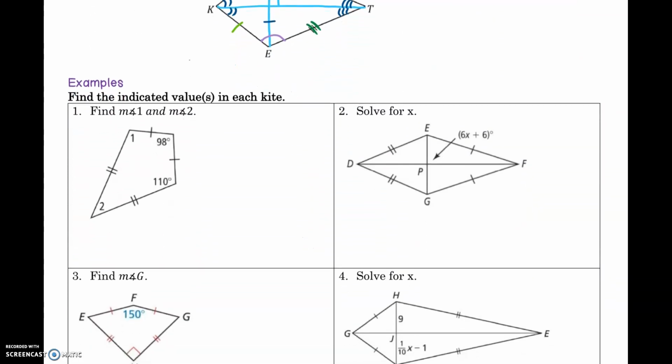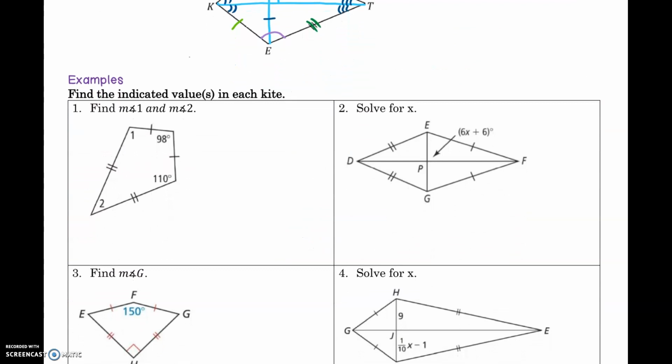If we take a look at example 1, we want to find the measures of angle 1 and angle 2. We know that the angles between non-congruent sides are congruent. So we know that the measure of angle 1 is equal to 110 degrees. To find the measure of angle 2, we know that all four angles in a quadrilateral must add up to 360 degrees.